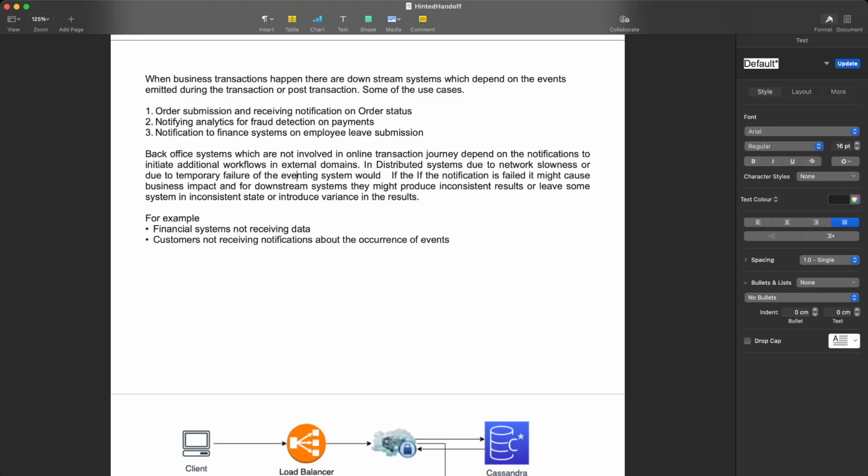If you have submitted an order and you are not receiving a notification that the order is accepted or not, for example, in this pandemic, people are booking blood tests. When we submit a request for a blood test and do not receive a notification saying that your request for the test home pickup is accepted, and a person will be visiting at such and such time, we get confused about whether we have booked in the right way.